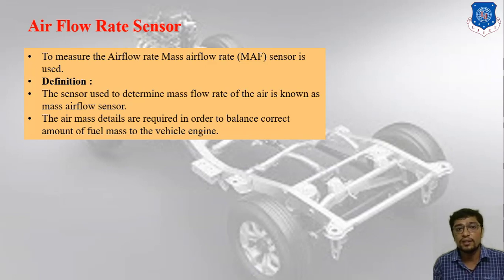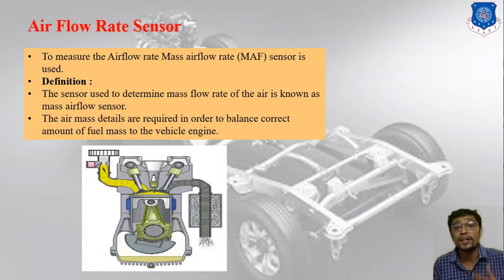First one, that is, the sensor used to determine the mass flow rate of the air. Second one, that is, the air mass detail is required in order to balance the correct amount of fuel mass to the vehicle engine. As I have attached one image related to the airflow rate sensor. Basically, what is the function of the airflow rate sensor?